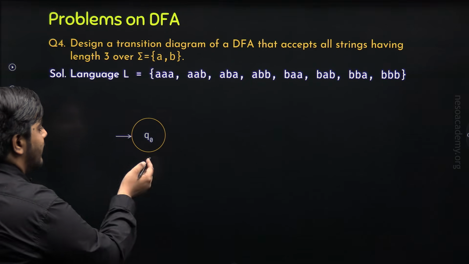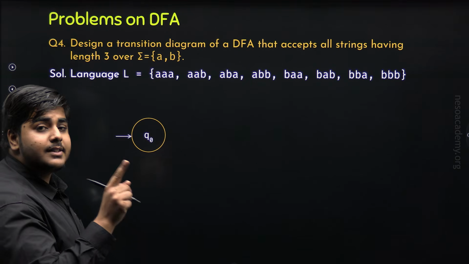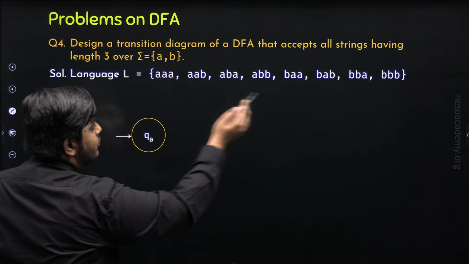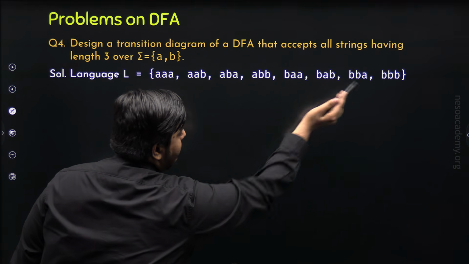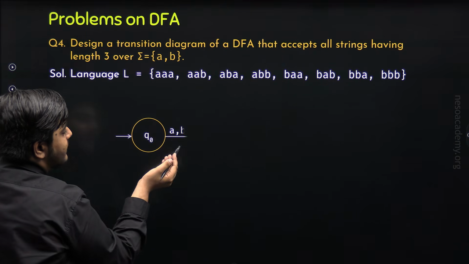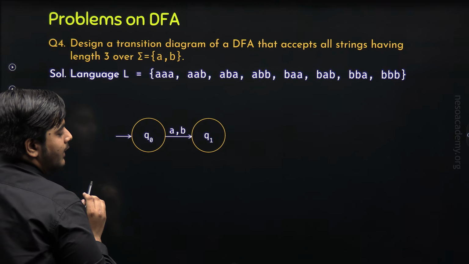First of all, we'll have our initial state, which is Q0, and now we will read the first symbol. In these strings, you can see the first symbol can be either A or B. So we can have the first symbol as either A or B, and we will reach our state Q1.